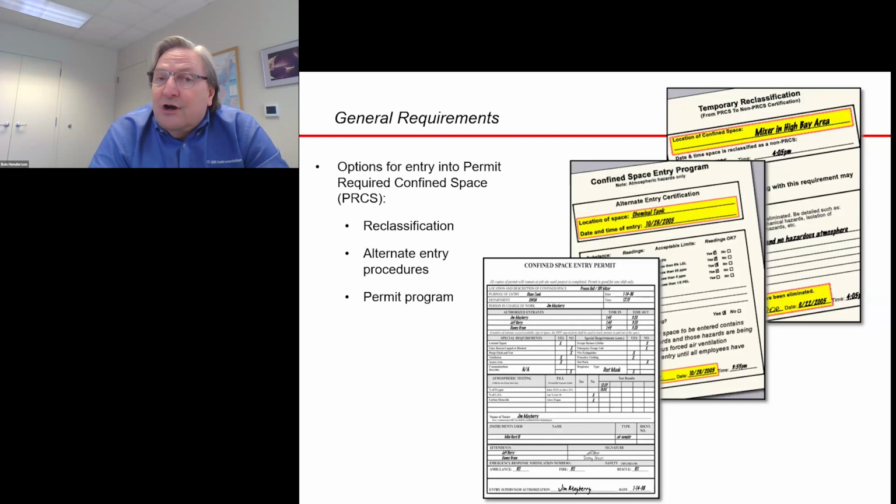If the hazards are exclusively atmospheric in nature, and if the confined space can be maintained safe through the use of continuous forced air ventilation, if you monitor continuously, if you ventilate continuously, you can use what are referred to as the alternate entry procedures for a permit required confined space.